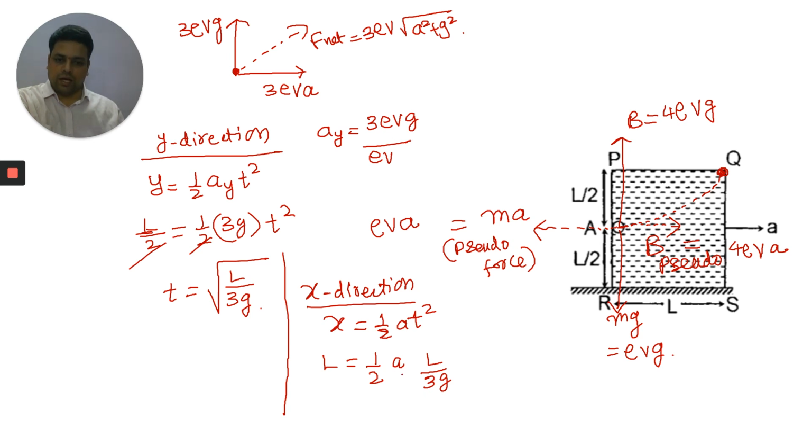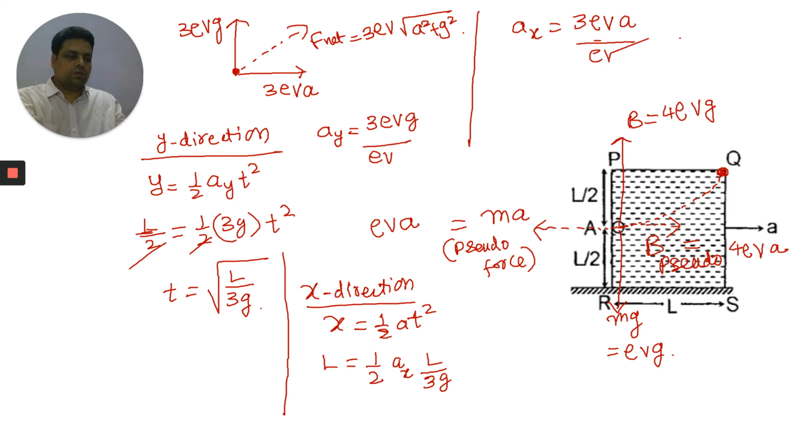And the acceleration in the x direction: we have the force in the x direction as 3ρVA, and the mass is ρV, so that's 3A.